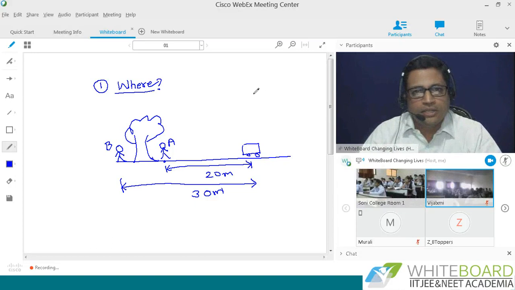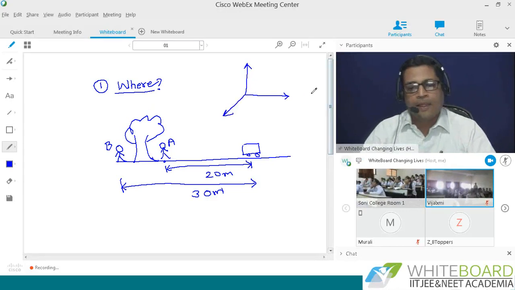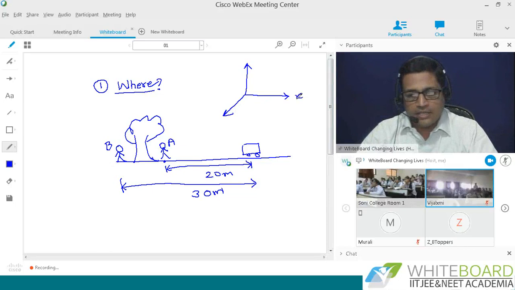So in the use of vectors, we say that the entire space can be understood by using 3 directions. One is X, one is Y, and one is coming towards you. This is Z, right? So suppose this is the X axis, this is the Y axis, then this is the Z axis.